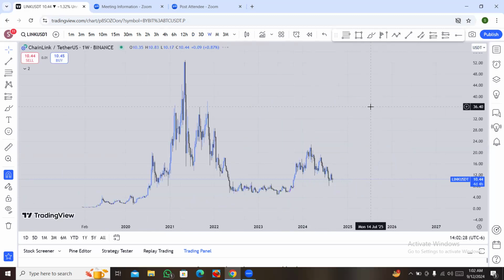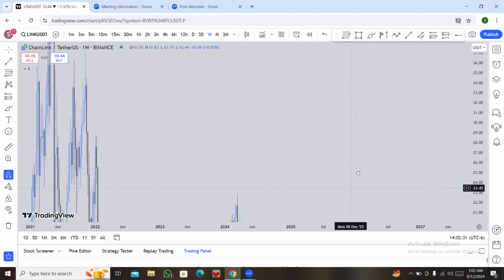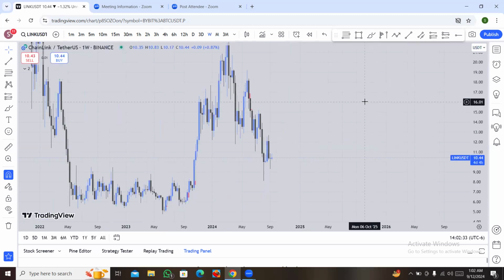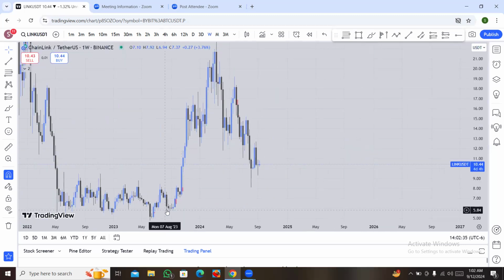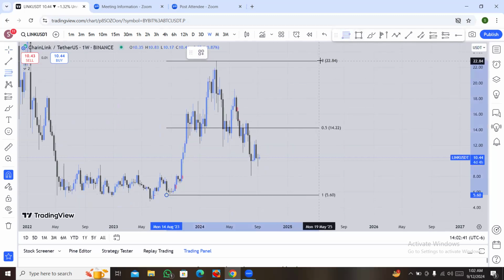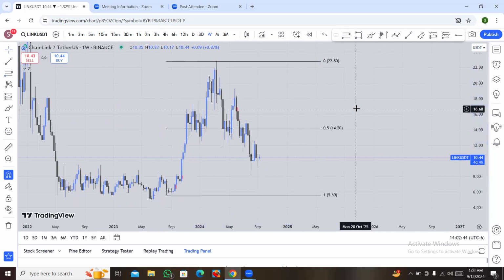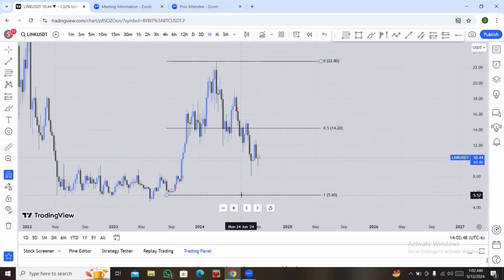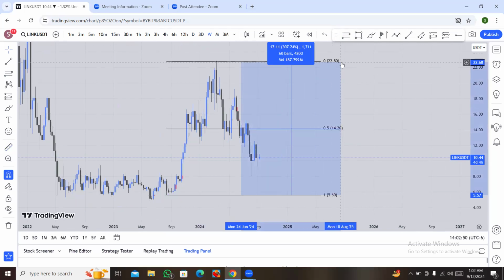Now come on weekly. The trend started from here on Link. I mark this whole zone, which is a zone of about 300%.